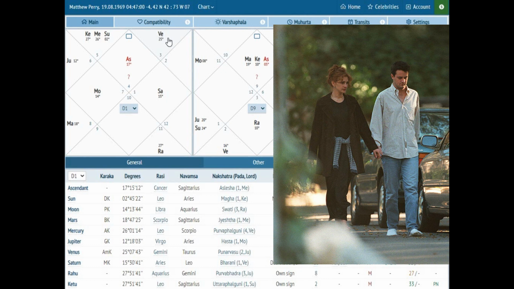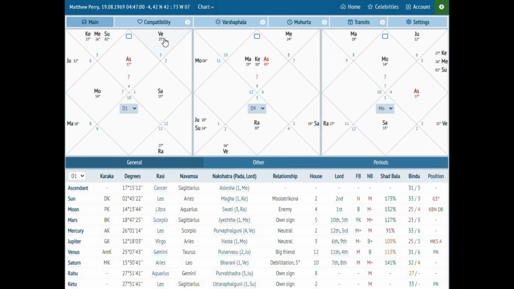When we look at what this Venus is connected to, it is connected to the 4th house, which is the house of the mother. And as we know, when Matthew was a child, he had problems with his mother. He didn't get a lot of connection with her.